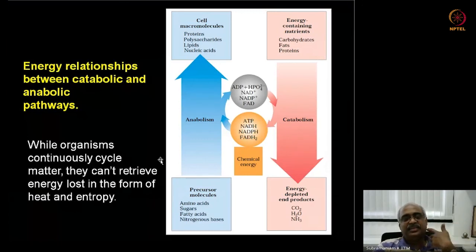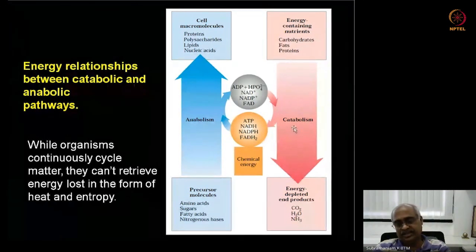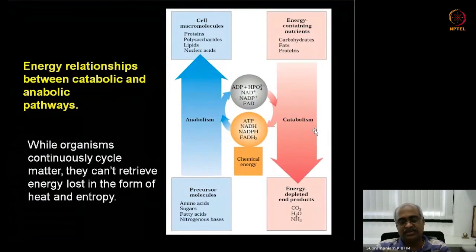The synthetic reactions of metabolism are called anabolism, and the breakdown reactions are catabolism. For example, breaking down glucose to carbon dioxide and in the process obtaining energy is catabolism, and taking ammonia etc. and building amino acids is anabolism.